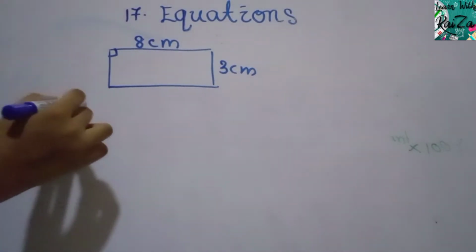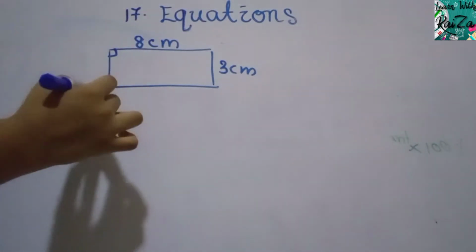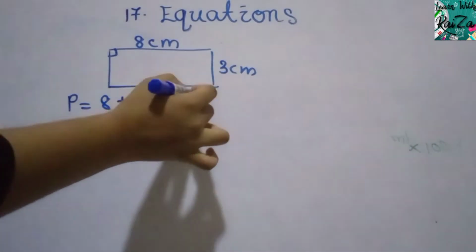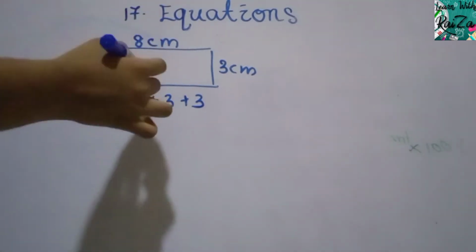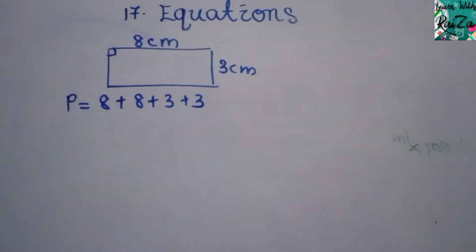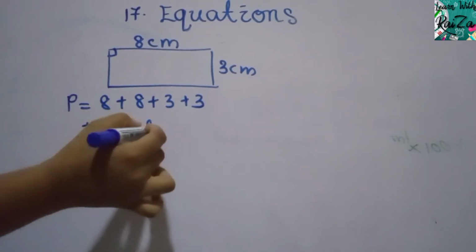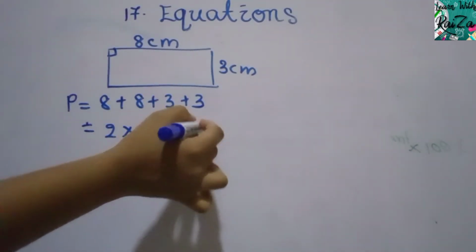Perimeter means all the lengths: 8 centimeters plus 8 centimeters plus 3 centimeters plus 3 centimeters. 2 lengths and 2 breadths is the perimeter. So I can write this as 2 into length plus 2 into breadth.